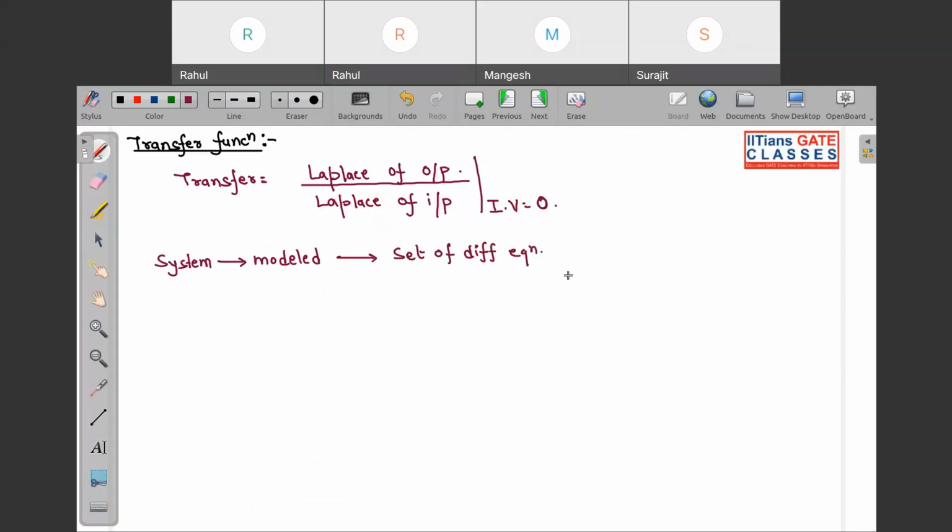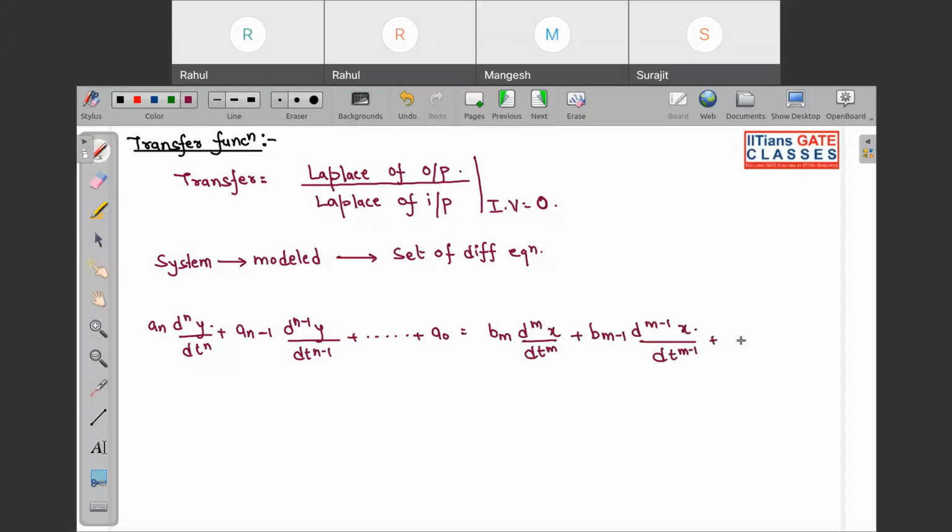Now that differential equation might look like this.